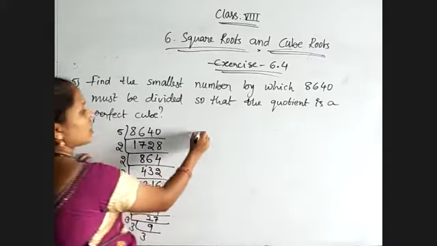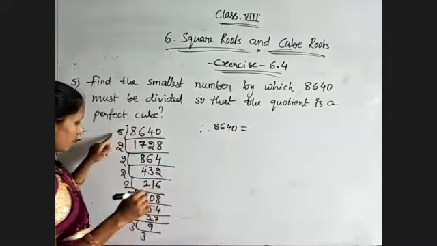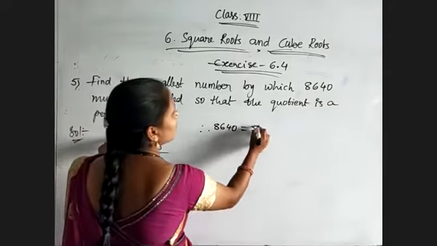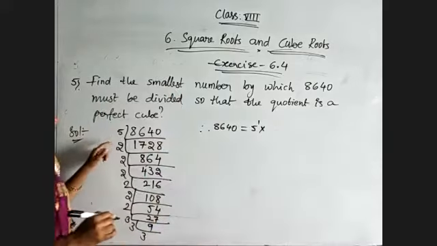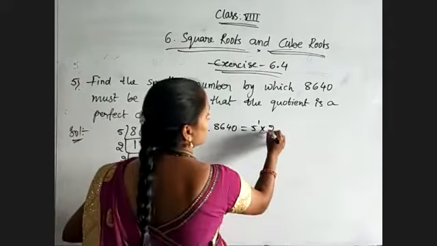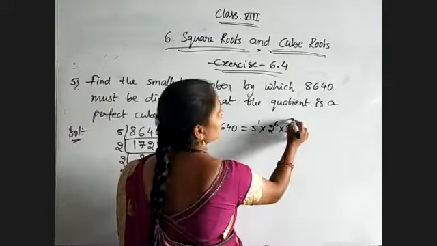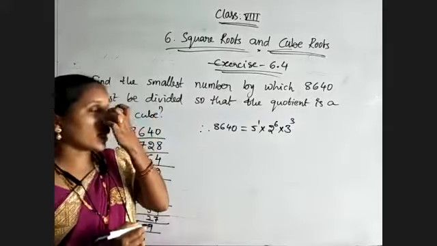Therefore 8640 is equal to 5 only once we got, 5 power 1, into 2 to the power of 6, into 3 times we got, 3 cube. See, we need to divide the number.